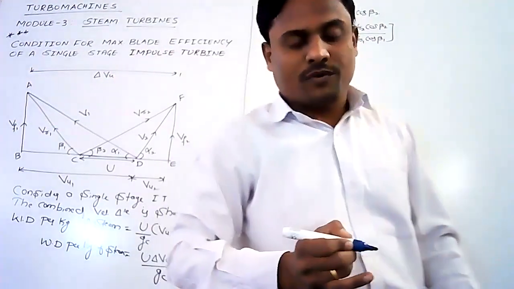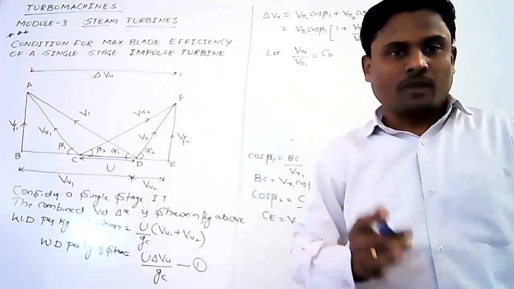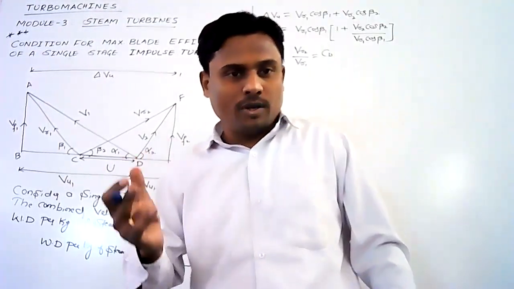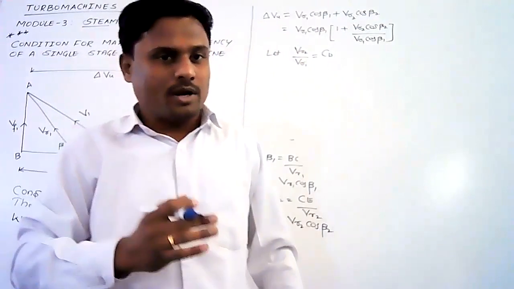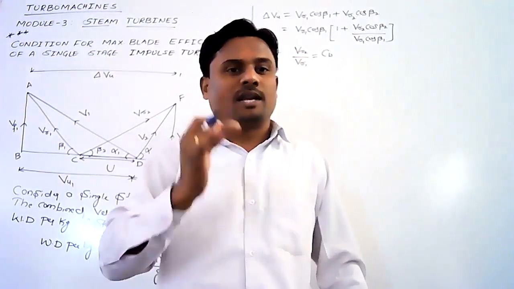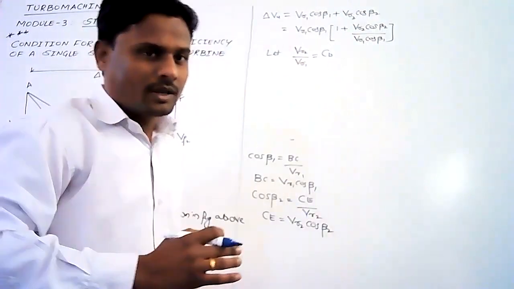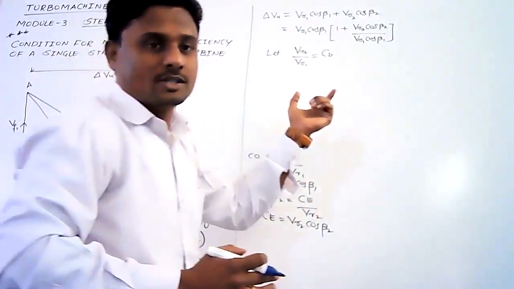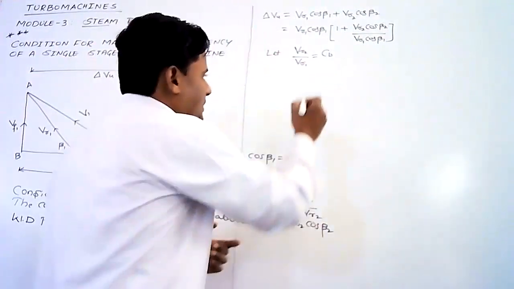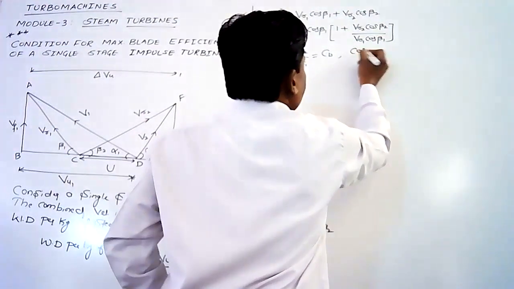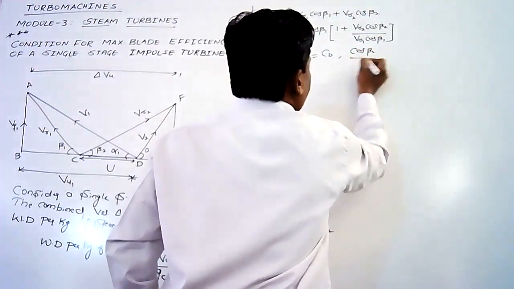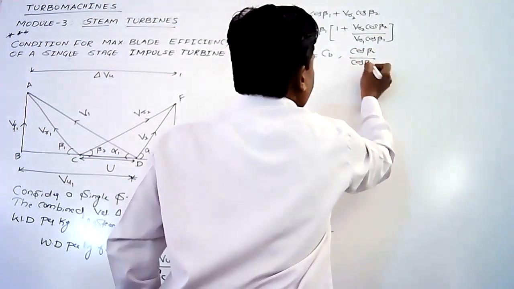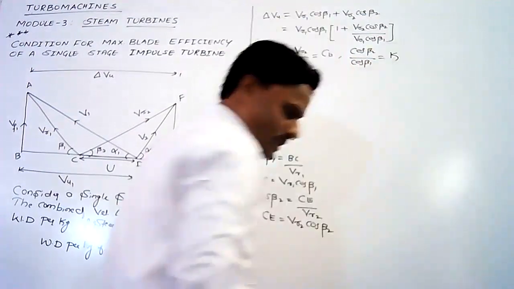Cb is the blade coefficient, which is the ratio of relative velocity at the outlet, that is VR2, divided by relative velocity at the inlet, that is VR1. Again, let us take this ratio as Cb, that is the blade coefficient, and similarly cos beta 2 by cos beta 1 as some constant K.